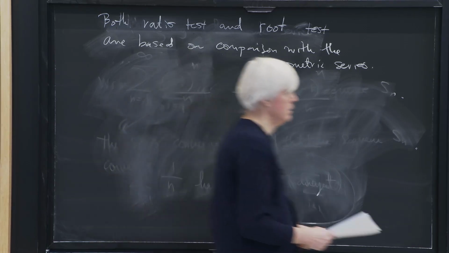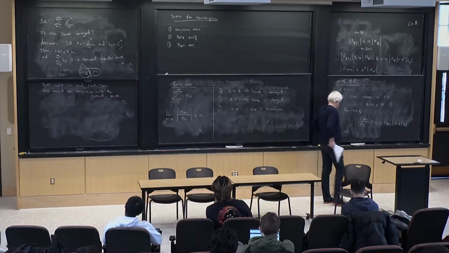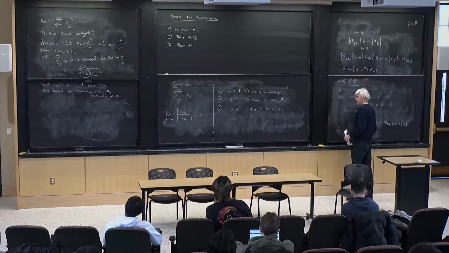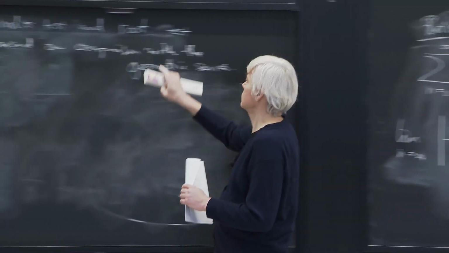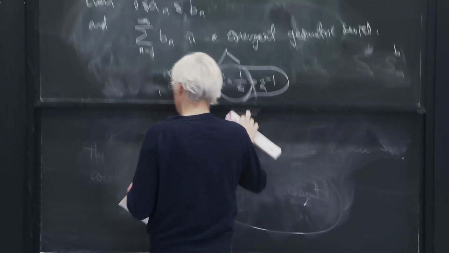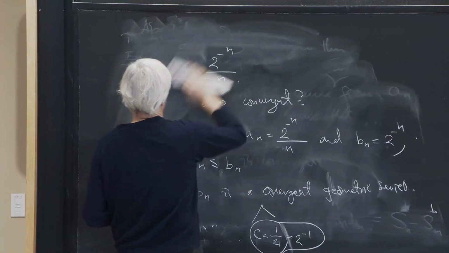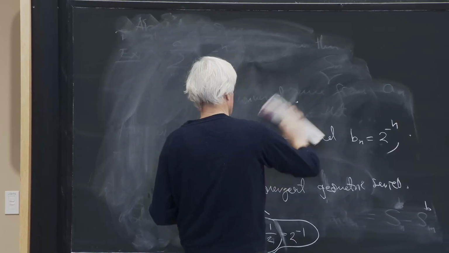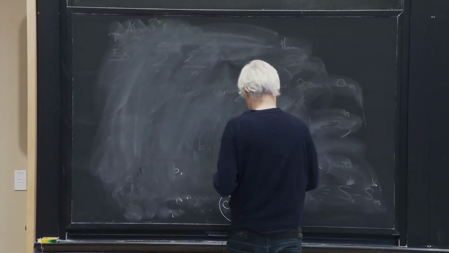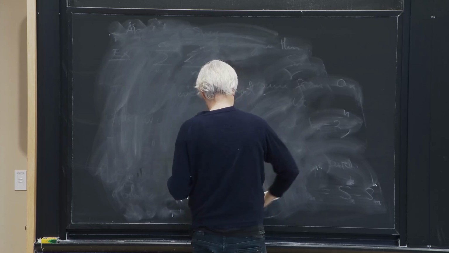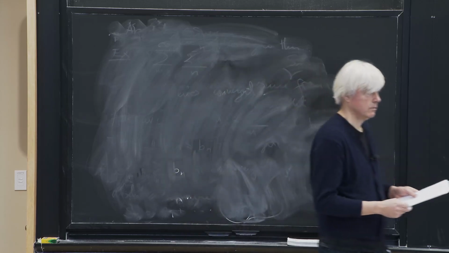So the other test, and this in a way addresses the point you're making, is also based on comparing with the geometric series, but it does not compare consecutive elements. So it's leaving the possibility that the next element could be larger than the previous.